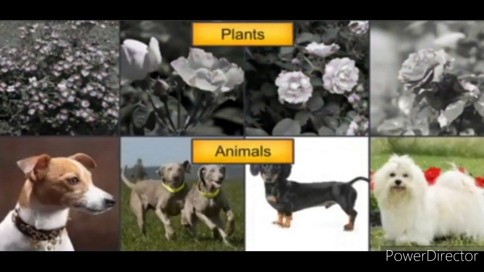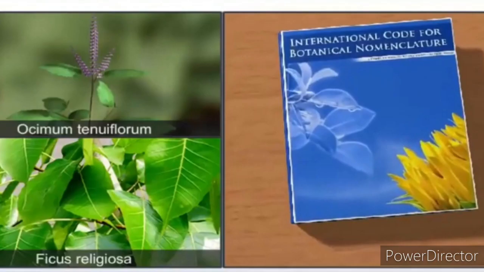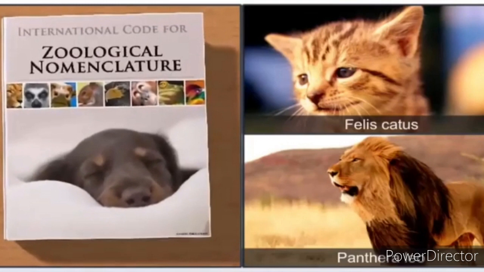For plants, scientific names are based on agreed principles and criteria which are provided in the International Code for Botanical Nomenclature, ICBN. Then for animals, animal taxonomists have evolved the International Code of Zoological Nomenclature, ICZN.